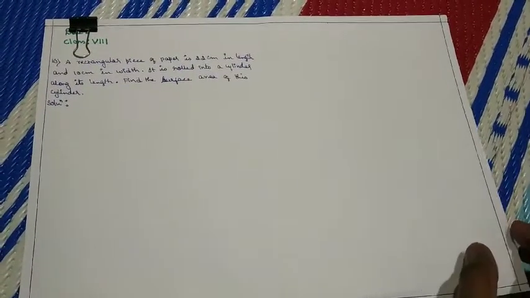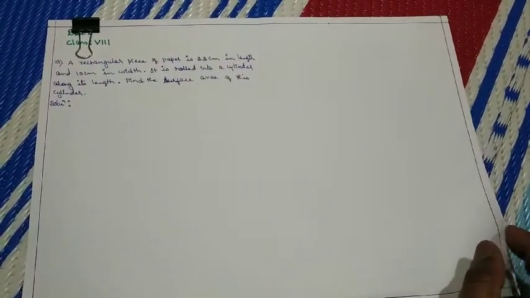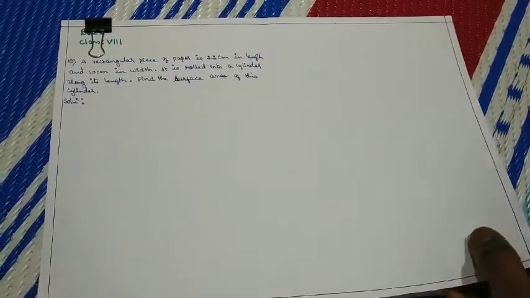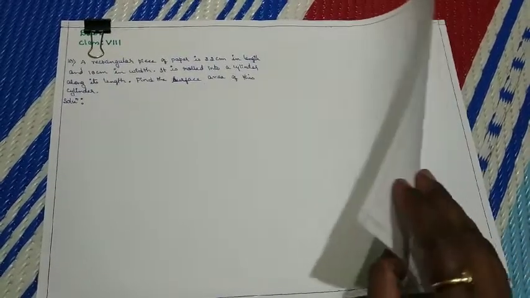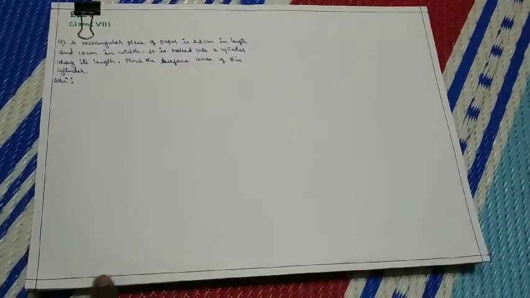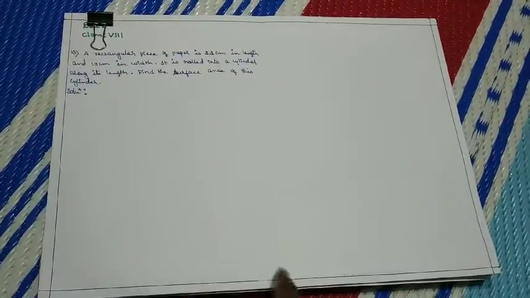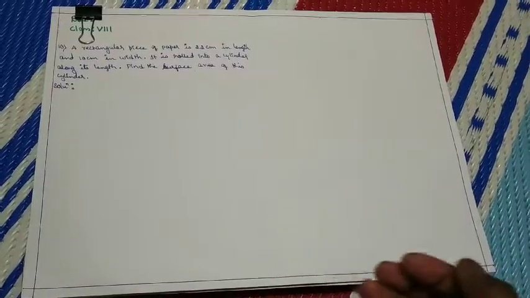As I already told you, the CSA of a cylinder is nothing but the area of a rectangle. You see, this is the paper which is rectangular in shape. If I roll along its length, then the length of the rectangle becomes the circumference of the circle at the bottom of the paper.